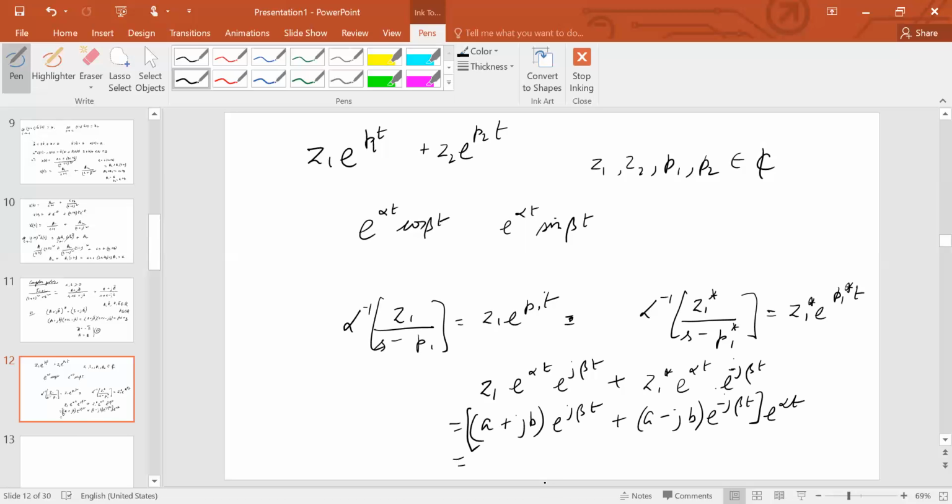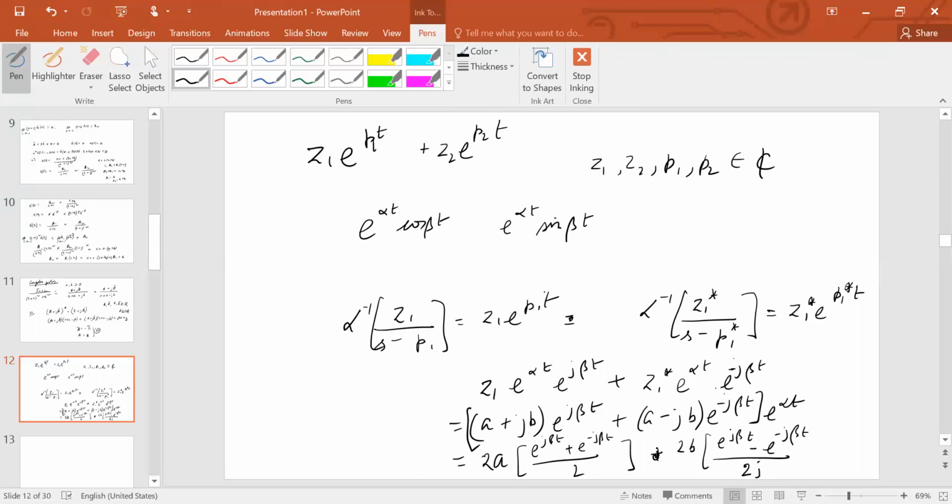If you simplify this further, you will see that this is nothing but twice a times (e to the power j beta t plus e to the power minus j beta t) by 2, plus twice b times (e to the power j beta t minus e to the power minus j beta t) by 2j.